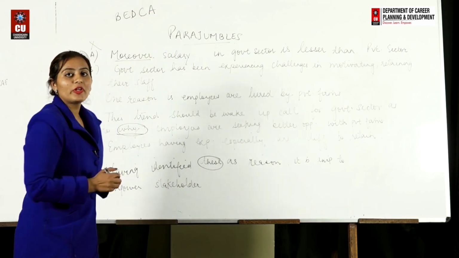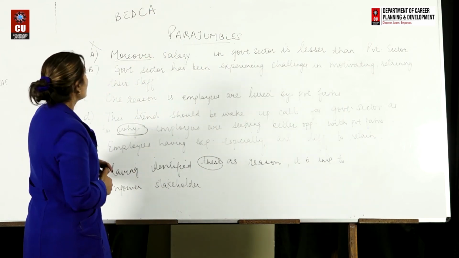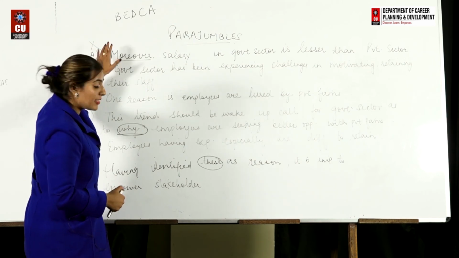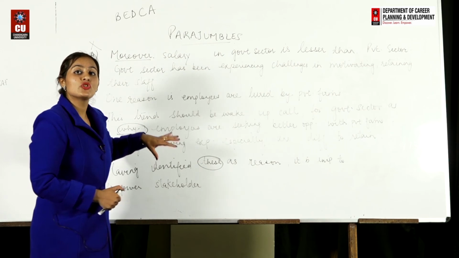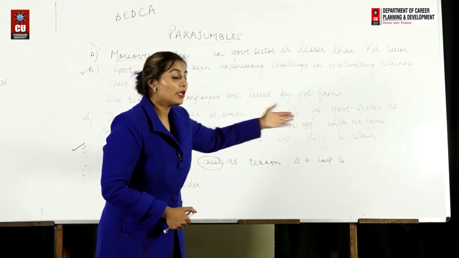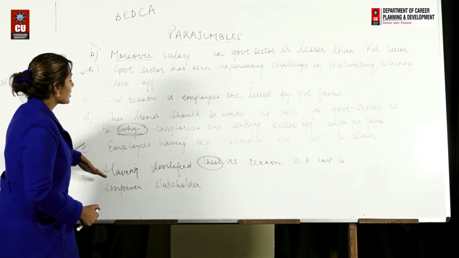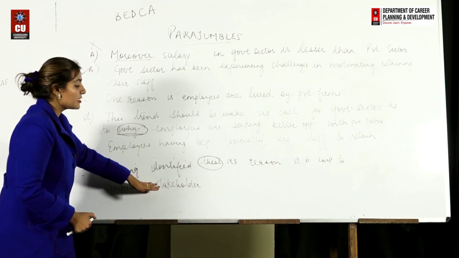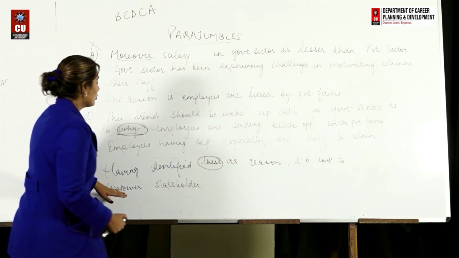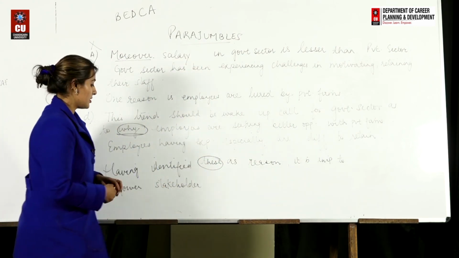So, moreover, when do we add moreover? When we have certain extra point or extra details than what has already been shared. So, moreover, salary in government sector is lesser than private sector. Now, if we look at it, having identified these as a reason, it is important to empower the stakeholder.